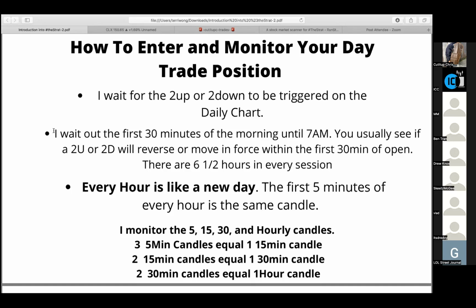Unless you want to scalp something, I'm not taking a trade until 7 a.m. You usually see if it triggered a 2 up or 2 down between 6:30 and 7 a.m., you will see if that 2 up or 2 down will reverse or move in force within the first 30 minutes of open.